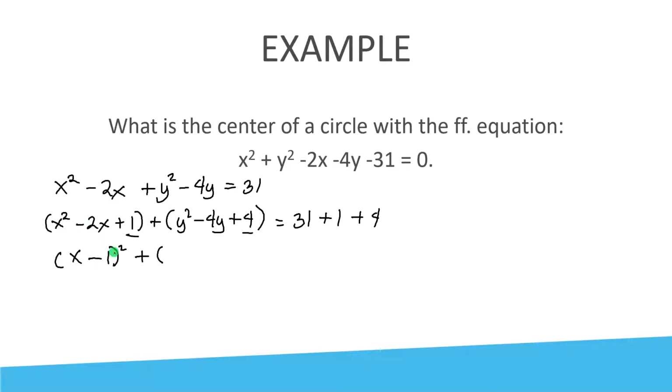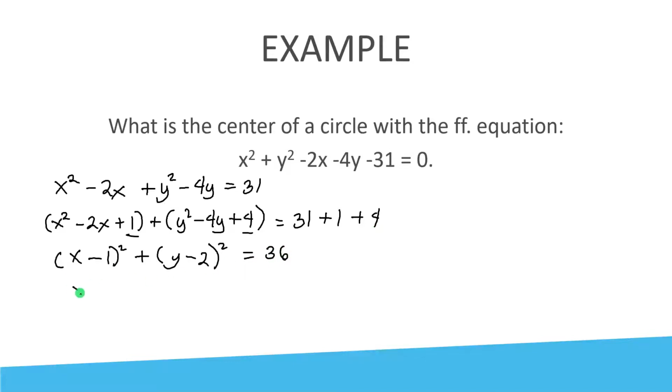Okay, y negative square root of 4, 2 squared equals to 32 plus 4, 36. Rewrite again.